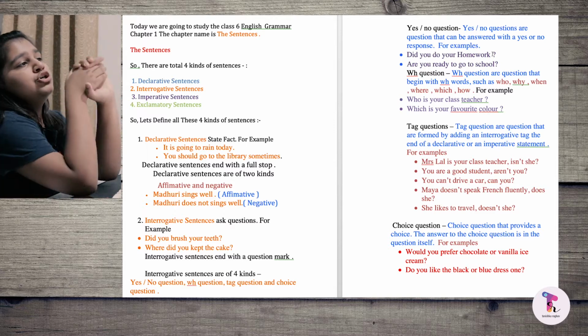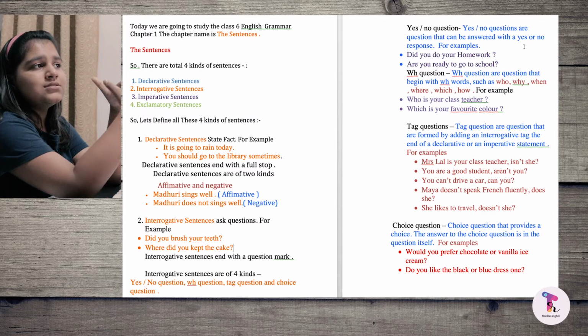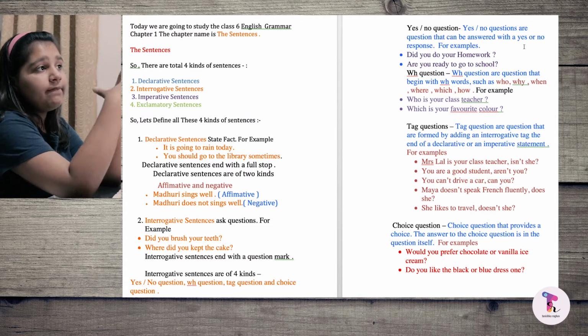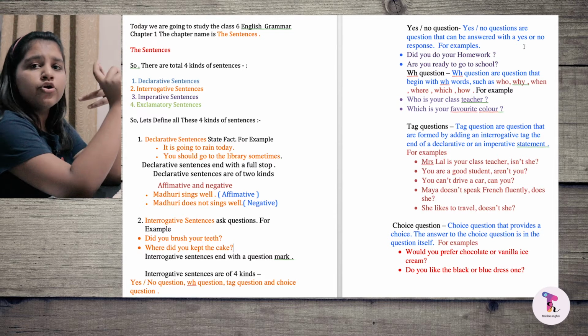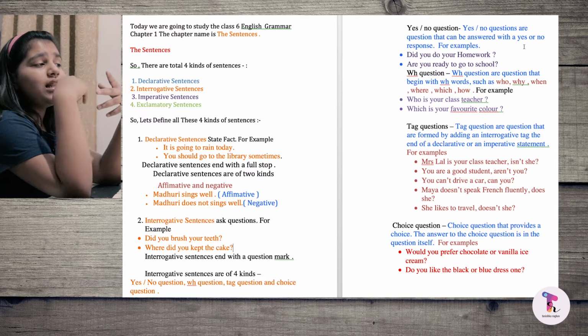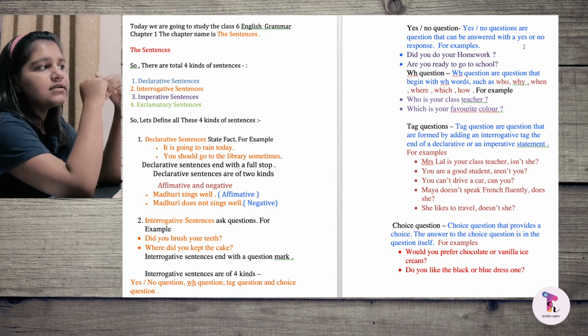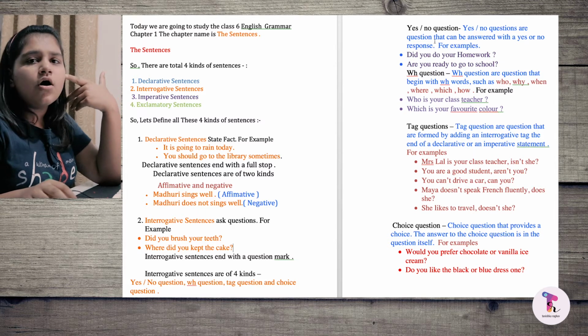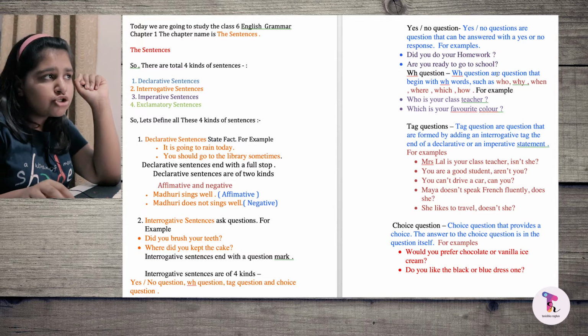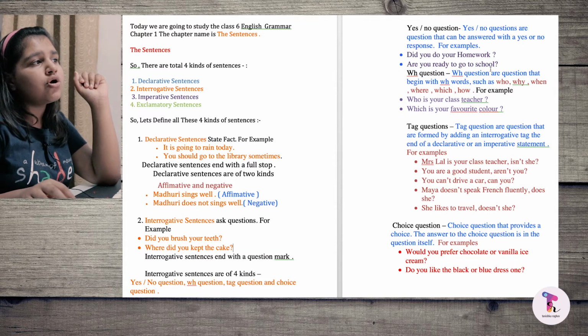So yes or no questions are questions that can be answered with a yes or a no response. Okay. So let's take examples so that it is clear. First is, did you do your homework? Are you ready to go to school? Did you do your homework?